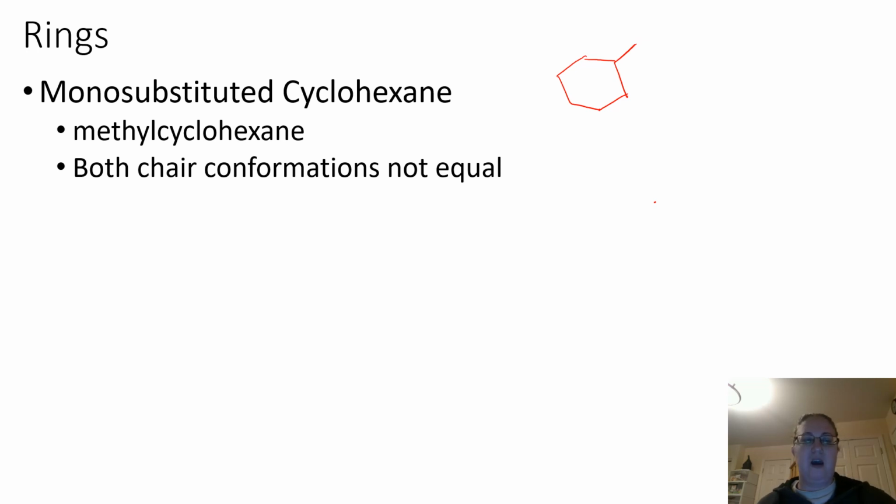And what we're going to see under these substituted cyclohexanes is that both chair conformations are no longer going to be equal for us. So I'm going to go ahead and draw our first chair structure for methyl cyclohexane.